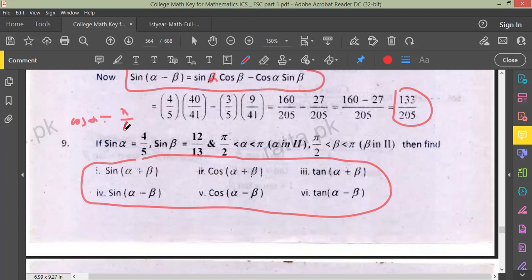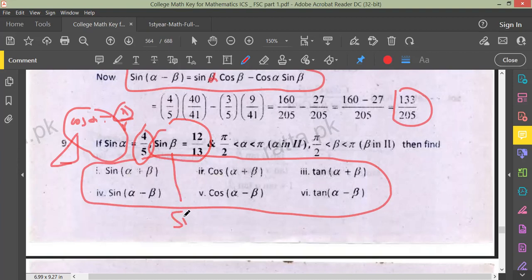After putting the values, we can find from this expression, because this is y and this is r, the value of x by the Pythagoras theorem. After finding the value of x, you can find cos of alpha. Similarly, sine beta is given, so you can find the value of cos beta. After finding the values of cos alpha and sine beta, all 4 values are available.